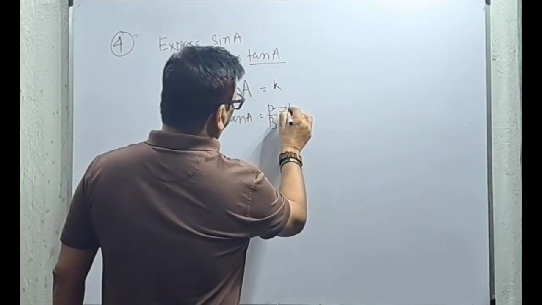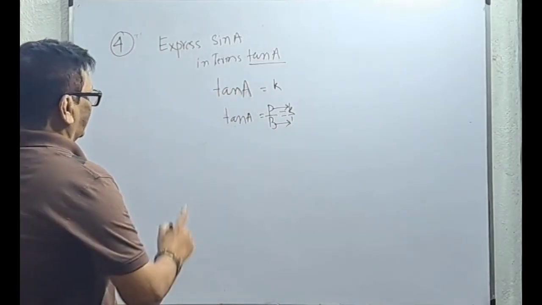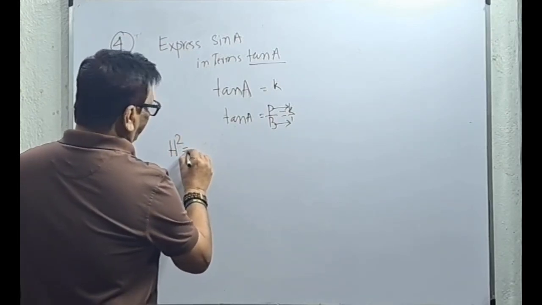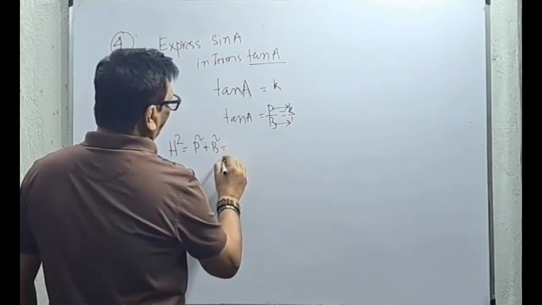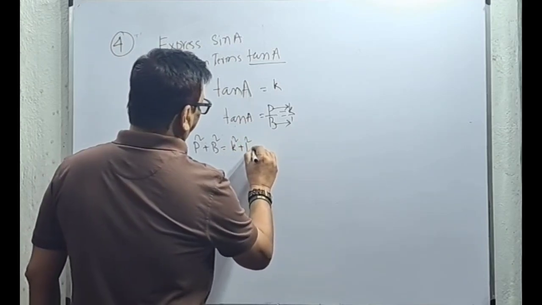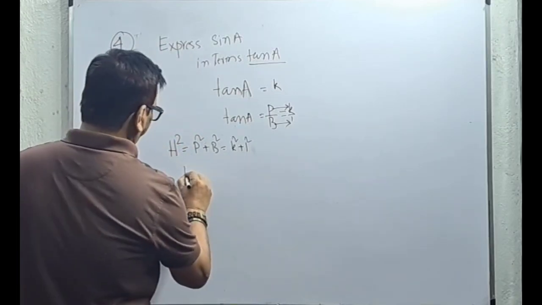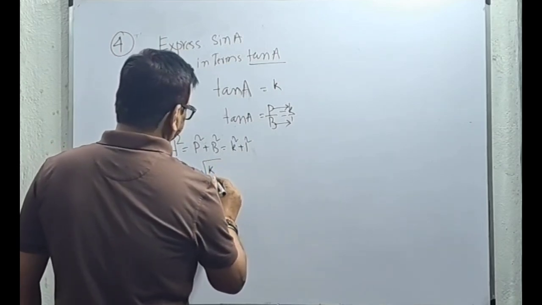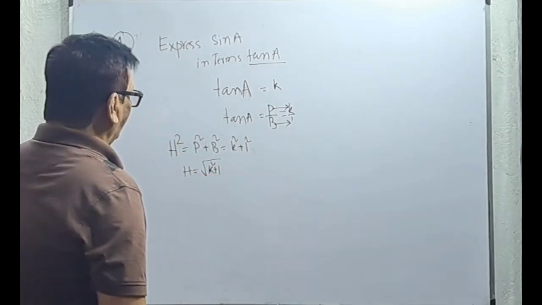So perpendicular is K and base is 1, correct? Now, if that is so, then we can find out the hypotenuse. So hypotenuse square is equal to perpendicular square plus base square. So K square plus 1 square, so h is equal to root over K square plus 1, correct?